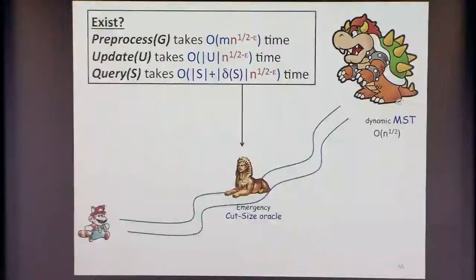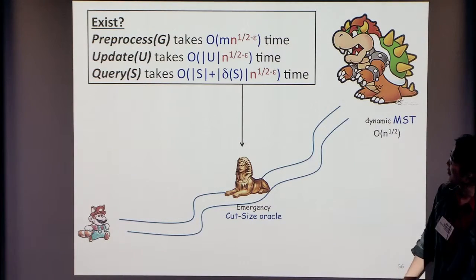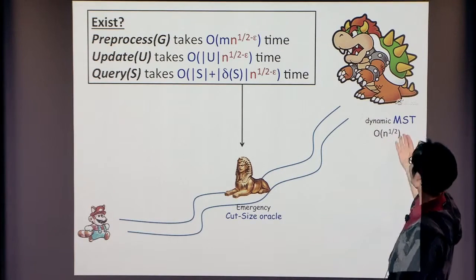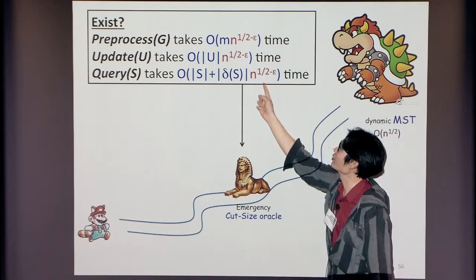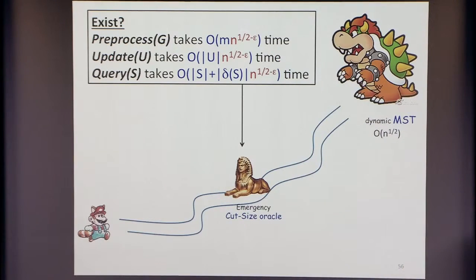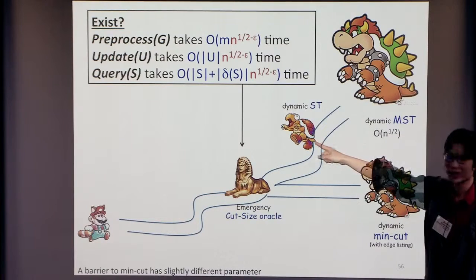Okay. So that's what I mean by being a barrier now. So if you want to get better than root n here, you have to get better than root n across all three parts here by the proof that I just showed. And another nice thing that I like about this barrier is that it's actually a barrier to, as I said before, dynamic spanning tree too.